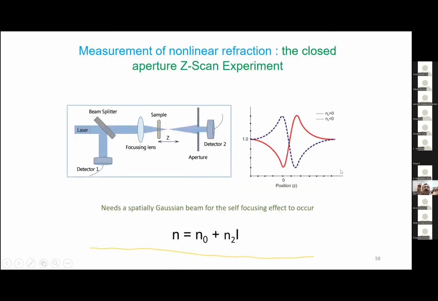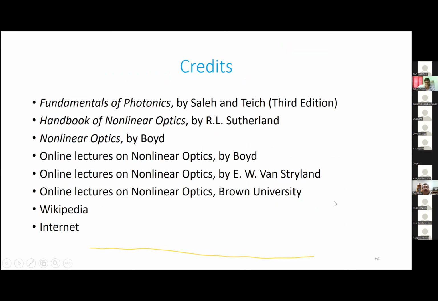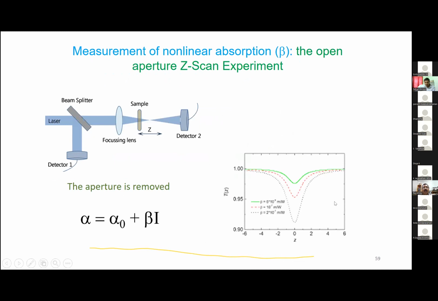So now the Z-scan, that is what we are about to discuss in the other talks here. The Z-scan is very good for measuring the nonlinear refractive index as well as the nonlinear absorption coefficient, depending on whether you use the open aperture or the closed aperture Z-scan experiment.